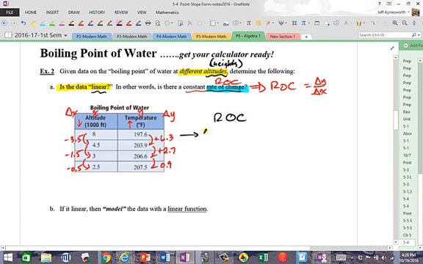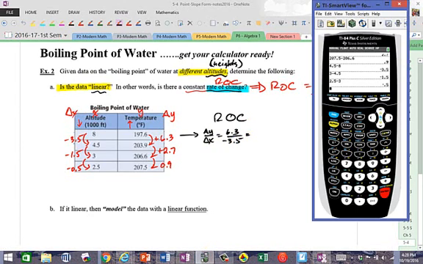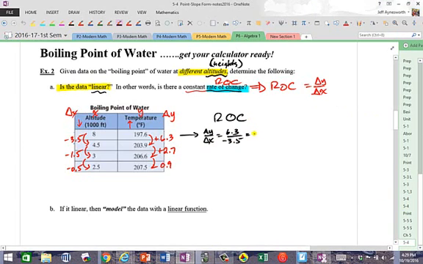So delta y divided by delta x is equal to 6.3 divided by negative 3.5. This is why I said take the calculator out and use it, right? So let's take 6.3 divided by negative 3.5. You get negative 1.8.